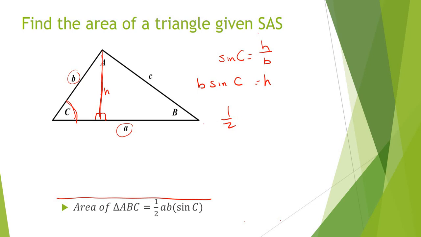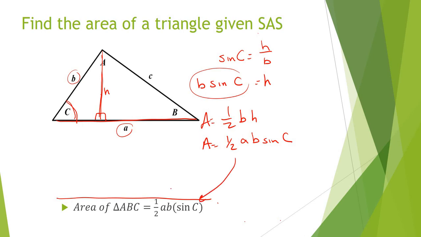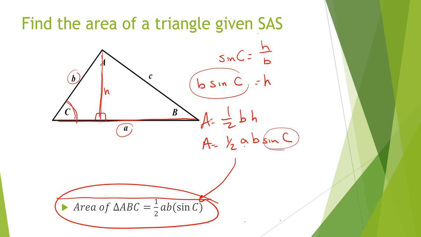I take my regular area of a triangle, 1/2 the base times the height. The area is 1/2. The base in this case is side A. The height, we just said, was B sine C. So that's how we came up with this formula given angle C. And basically what we're going to be using is 1/2 of the sine of the angle times its two adjacent sides.